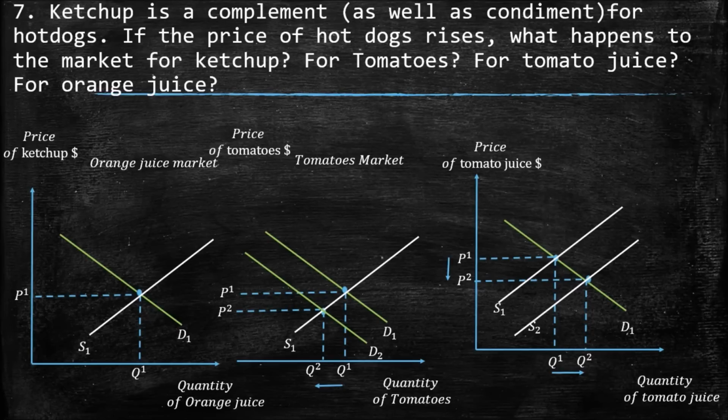If the price of tomato juice decreases, we are going to consume less orange juice because instead of drinking orange juice, we are going to drink tomato juice. So it's going to be a decrease in demand, so the price is going to decrease and the quantities as well. So this is the point.